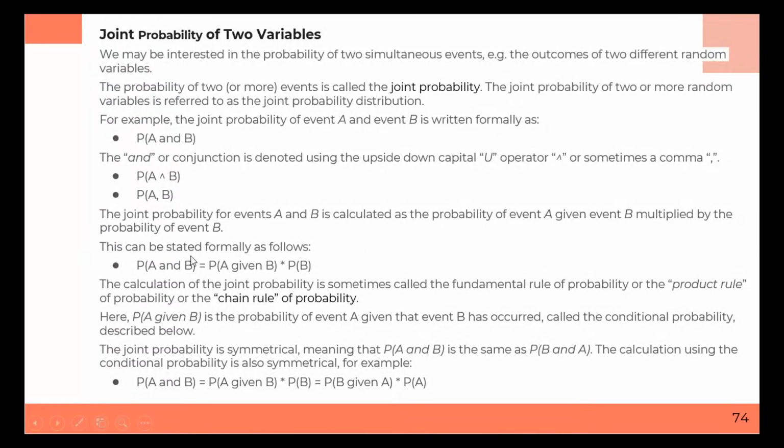Like this, you can understand the formula: probability of A and B is equal to probability of A given B, or A bar B, multiplied with probability of B. So this must be available to you as an event or a probability you should know, and you are trying to find out the probability of A. Both of them will be calculated together. That is how you are going to calculate a joint probability.